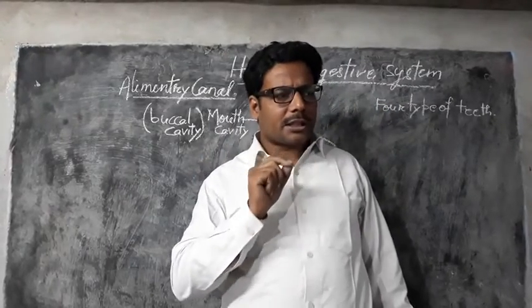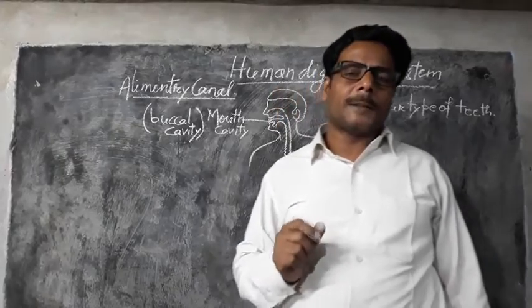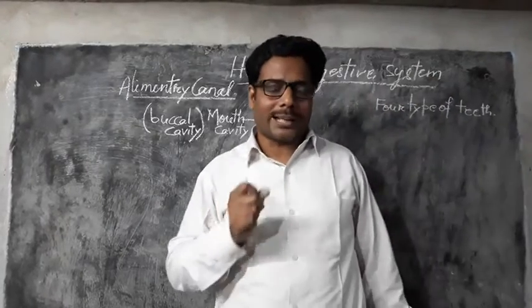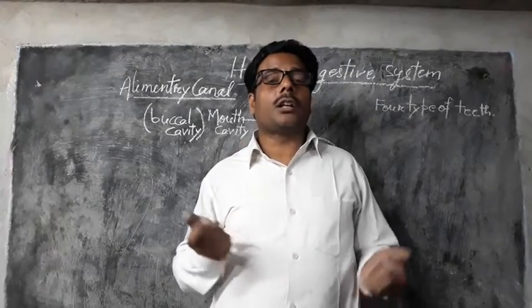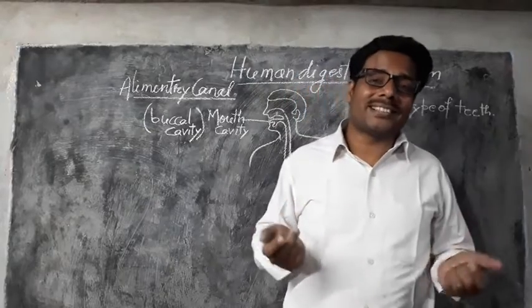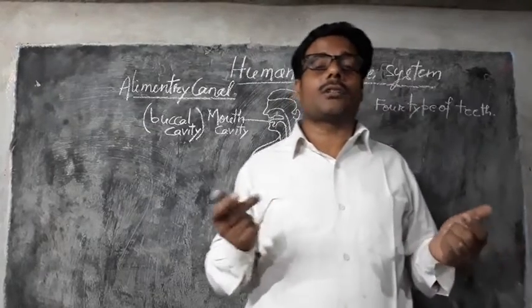As we have just discussed, there are 4 types of teeth: canines, incisors, molars and premolars. Canine is for tearing the food, like flesh, as in carnivorous animals and non-vegetarians.